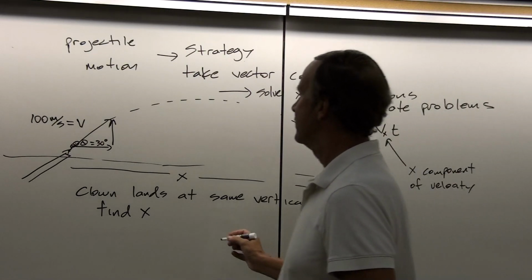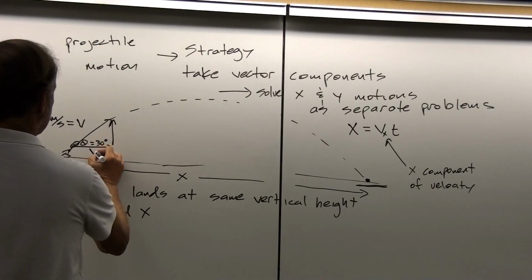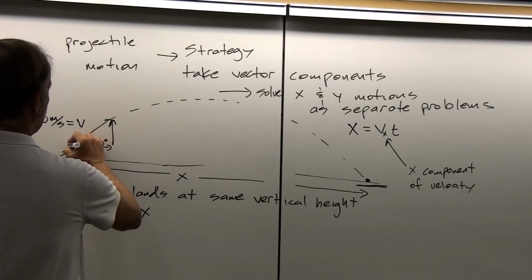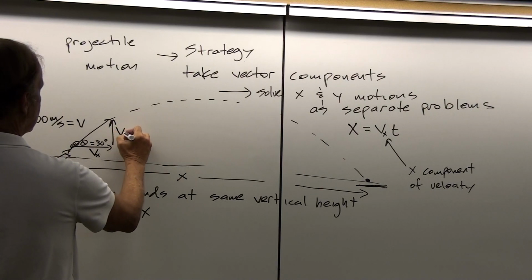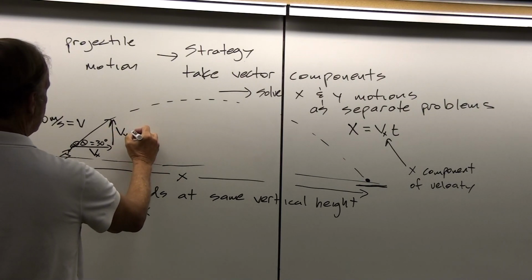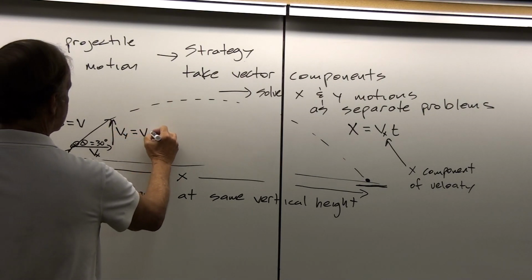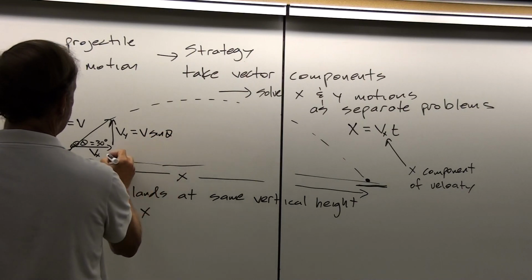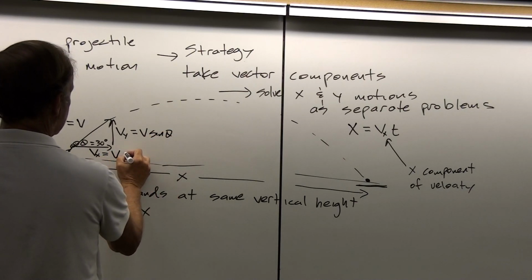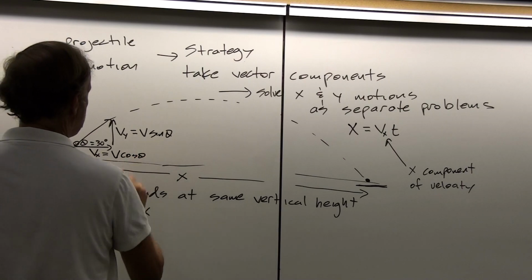So that means that we're going to need to break up the velocity vector, which is off at this 30-degree angle, into x and y components, where vy is v sine theta from before, and vx is v cosine theta.